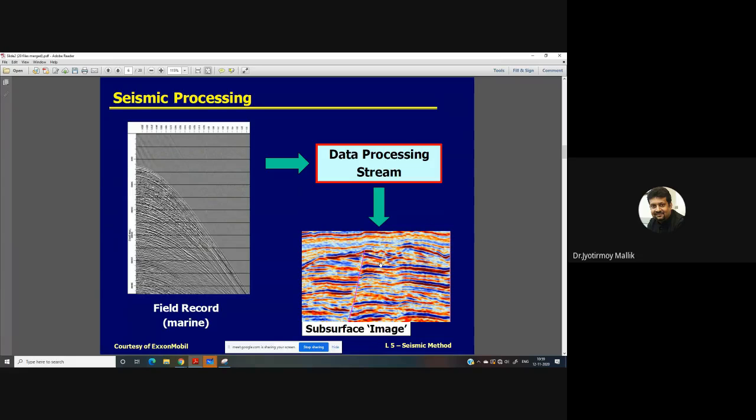So why is this reflector very, very bright and why is this reflector a little dull? Can you tell me? What did we say? A brighter reflector means higher amplitude.